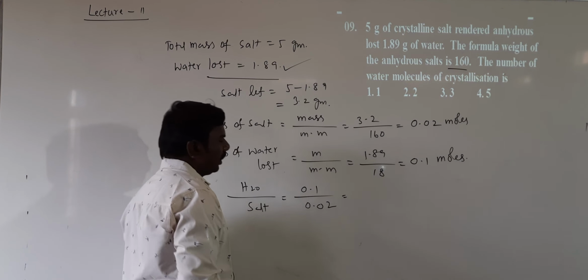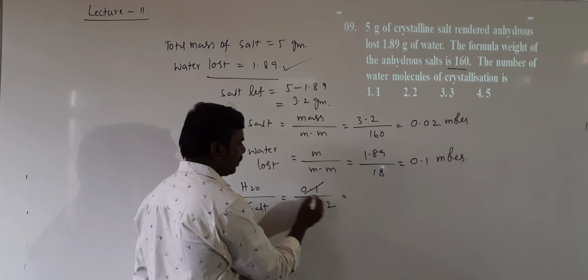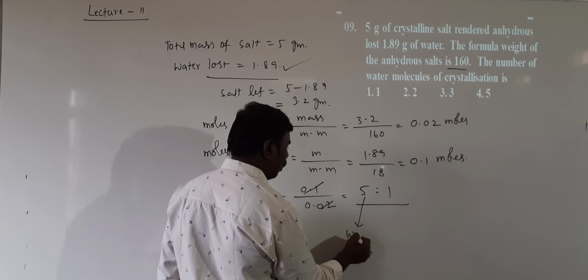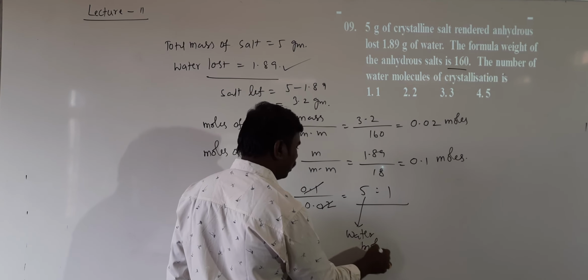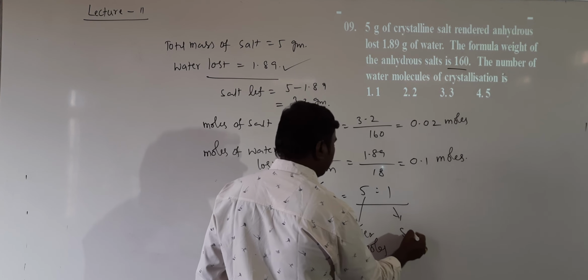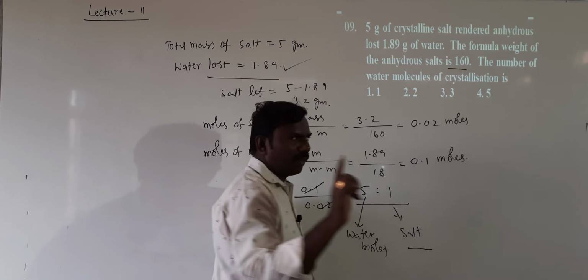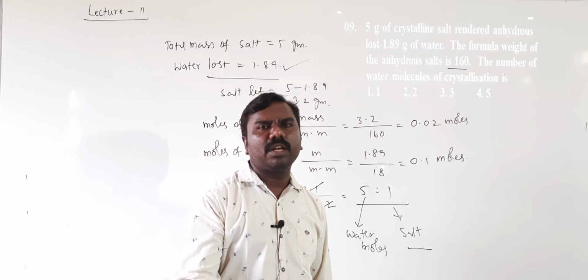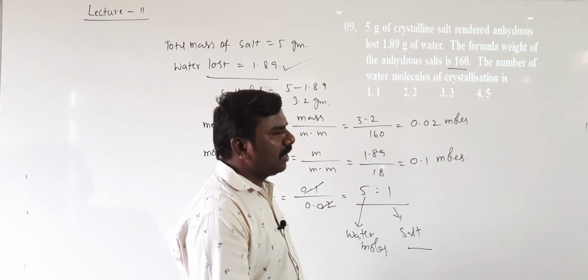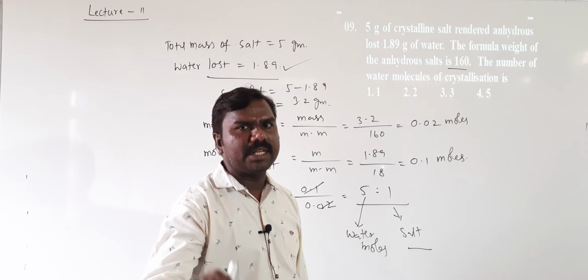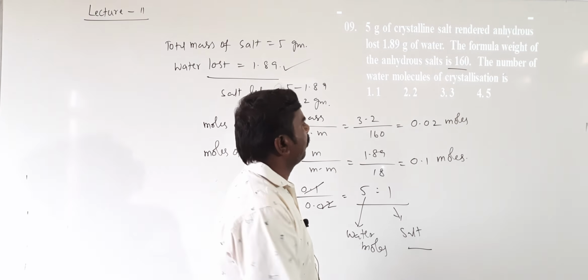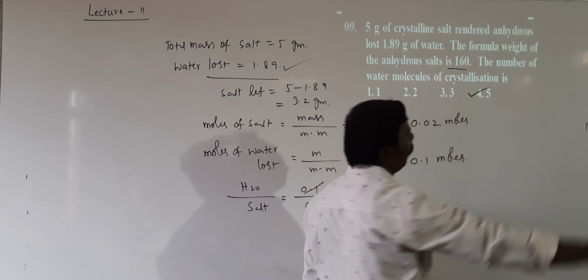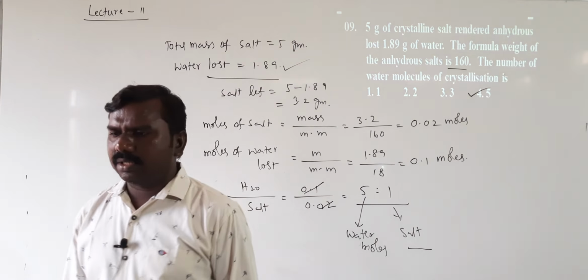How many times is it? 5 times, 5:1. 5 is the water moles for the salt moles. For 1 mole of salt, how many moles of water will be removed? 5 moles. It means 5 moles of water is present in the water of crystallization. So the answer is the 4th option.